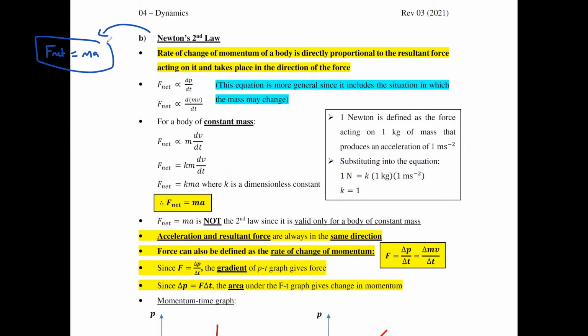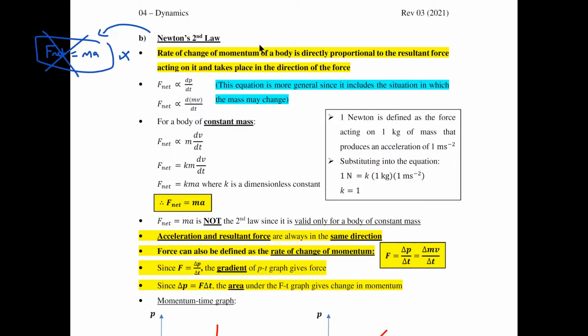The first thing that comes to mind when we talk about Newton's second law is that F net equals ma. Now, this one is only partially true. This is not the full definition of Newton's second law. In IGCSE, if you used this it would have been considered correct. But now in A levels, this is not the definition of Newton's second law.